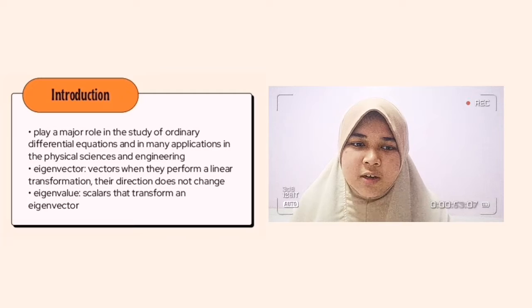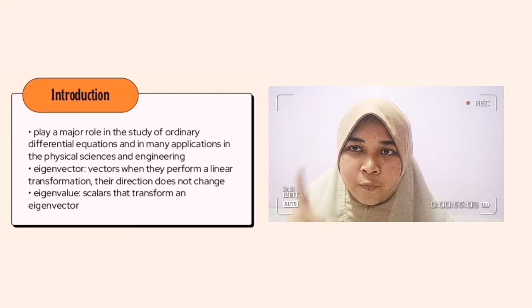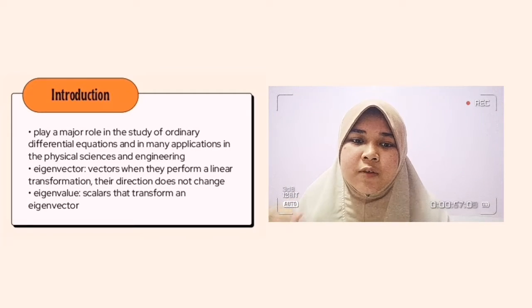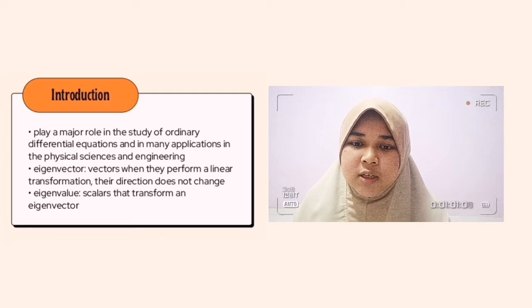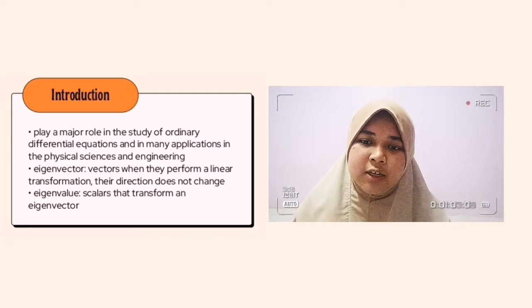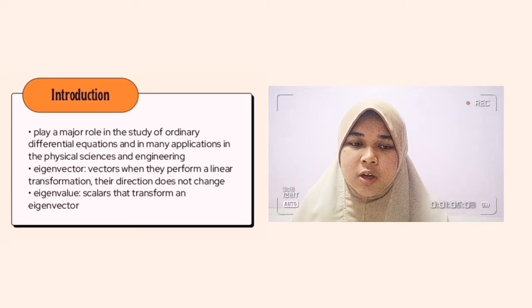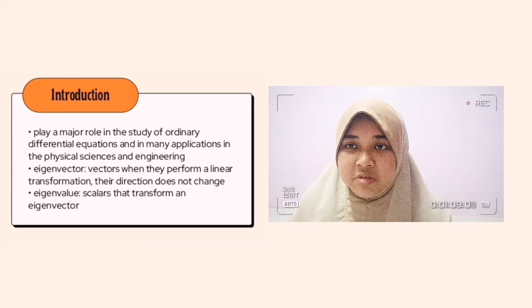An eigenvector is a vector that, when a linear transformation, such as multiplying it by a scalar, is performed on it, the direction does not change.